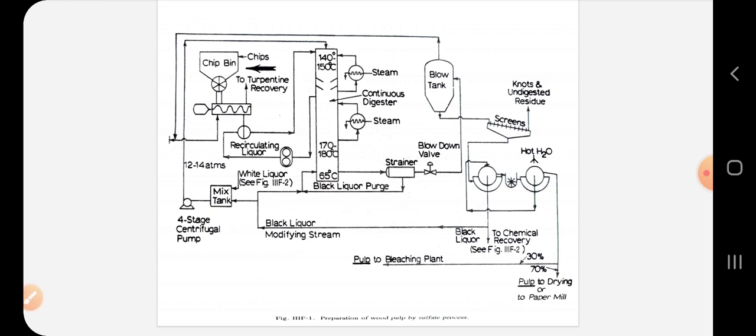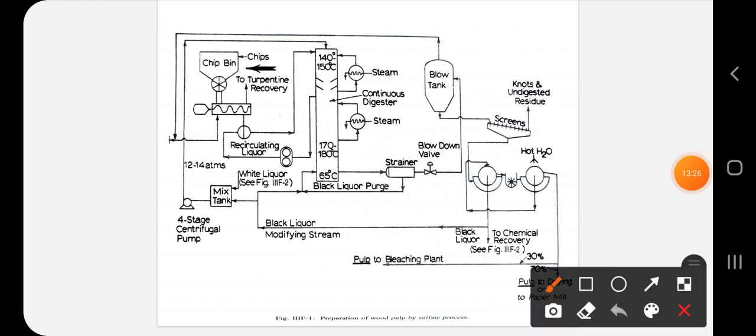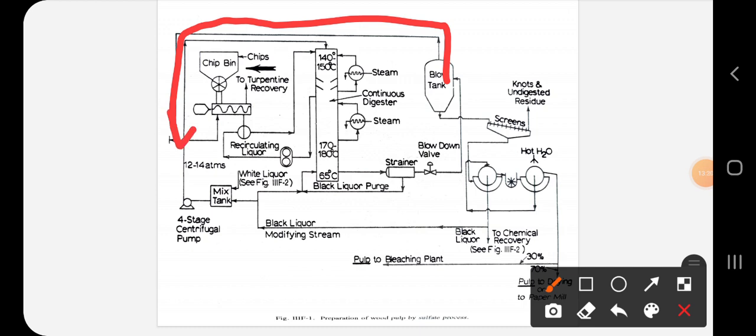After the blow tank, the pulp is filtered and passed through a number of screens. The heat recovered from the blow tank mixes with the preheater again, so this heat is used in our deaerator preheater combination here.